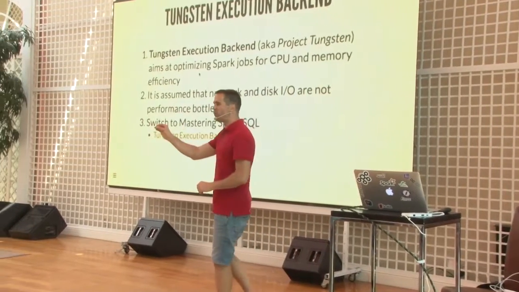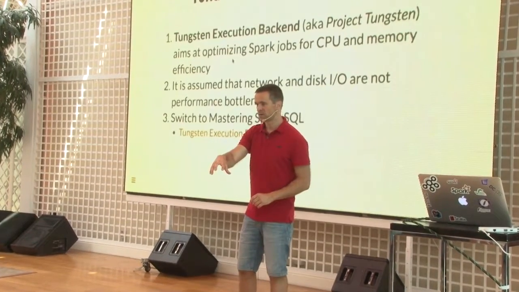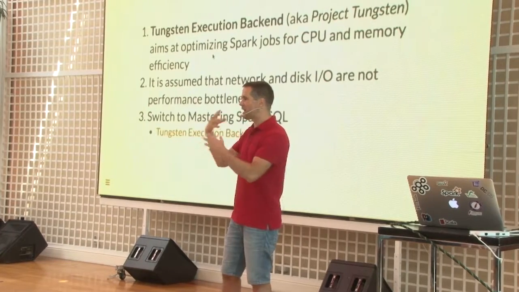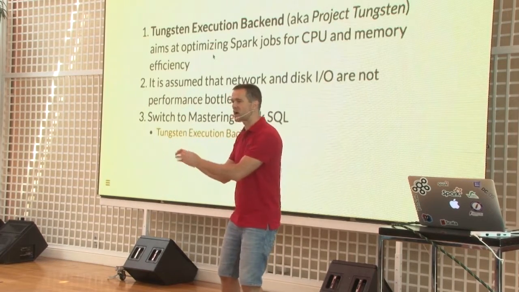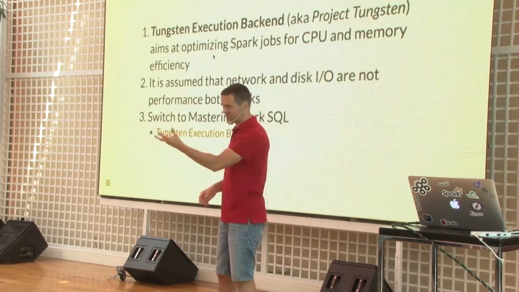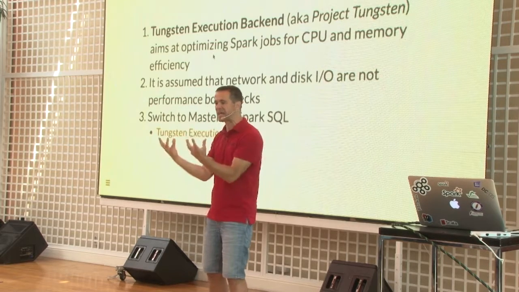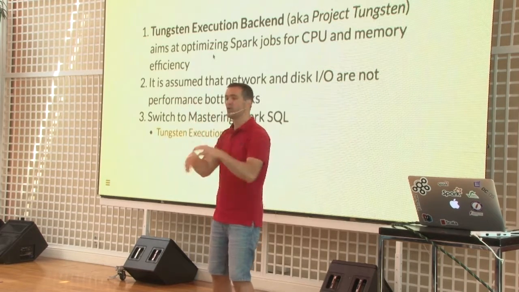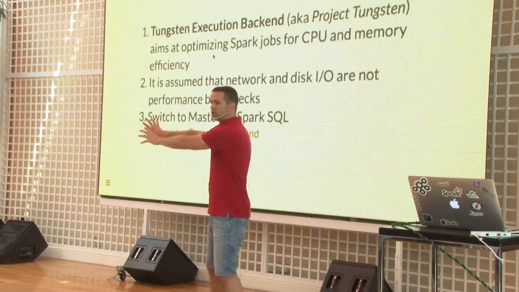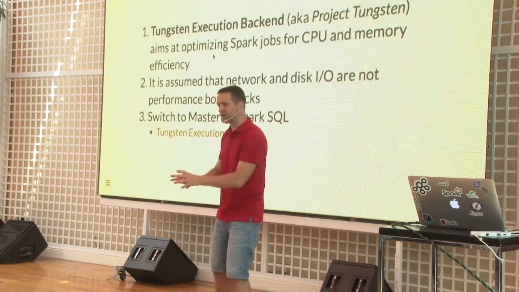Tungsten is an engine that avoids copying data onto the JVM. Through Tungsten, which you don't have to worry about, it's done automatically, Spark keeps your data outside the JVM using sun.misc.Unsafe, and manages memory on its own. So Spark became another garbage collector. Spark keeps your data away from the JVM.